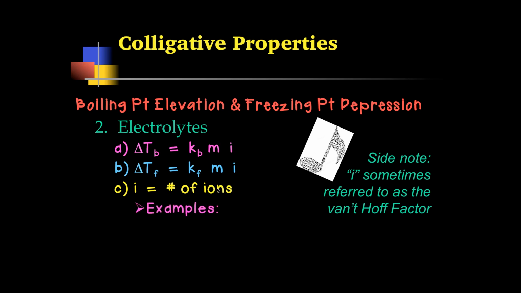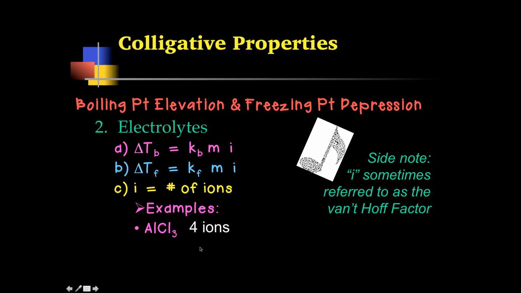So let's just make sure that makes sense. Let's do a couple examples. Imagine you had this compound, aluminum chloride. How many ions would be floating around? You're asking yourself how many positive pieces would there be and how many negative pieces would there be? Well, the positive piece is aluminum and there's only one of them. The chlorine is the negative piece, but there's three of them. There's a -1 three times. So you have one aluminum and three chlorines.